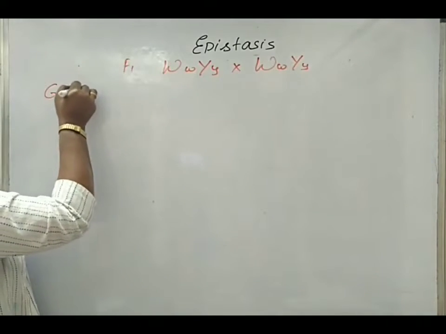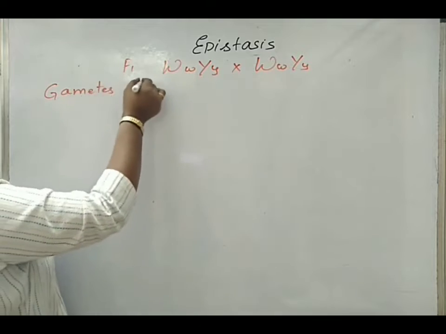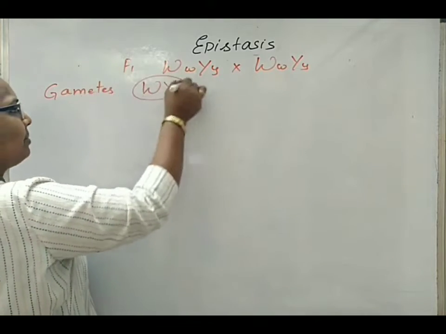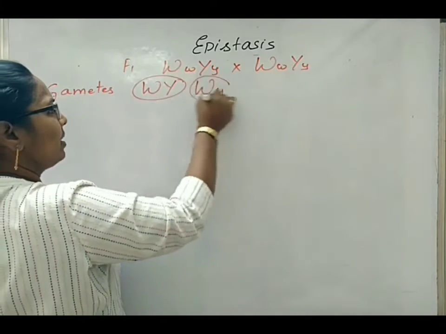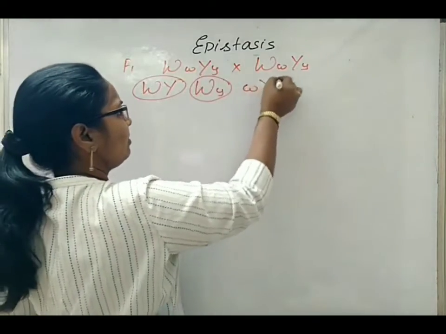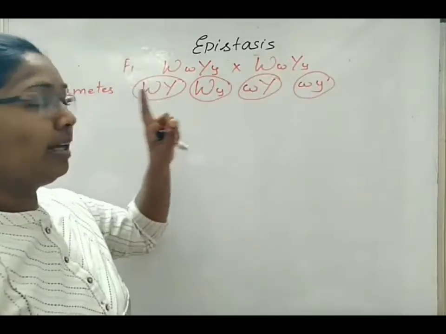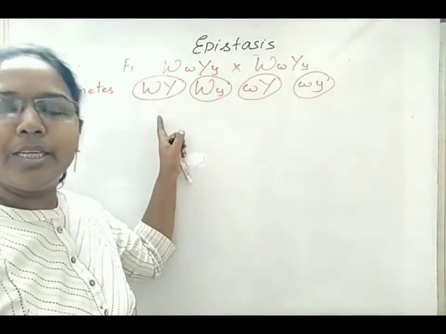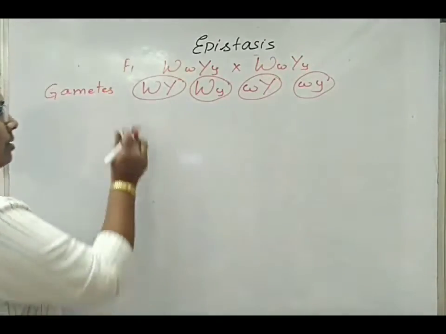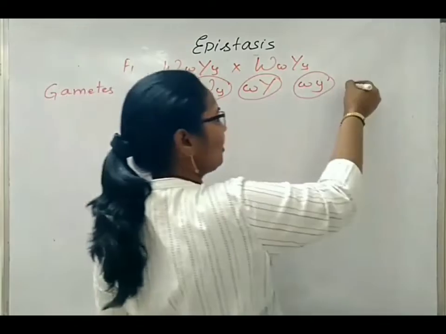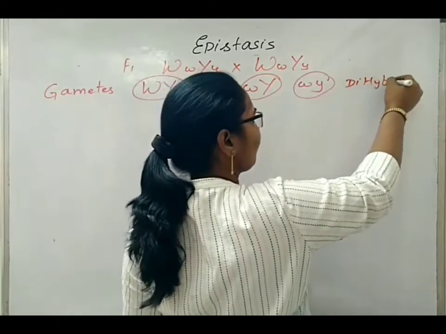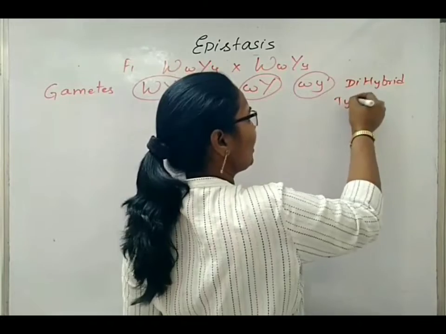Now, gametes from this can be one type, another, and since the example that we have taken is dominant epistasis, we already know in case of dihybrid ratio, the types of gametes.